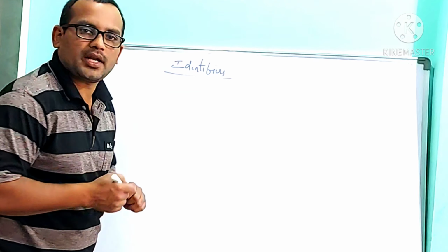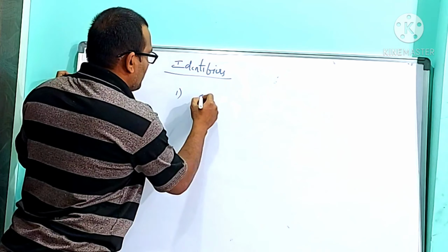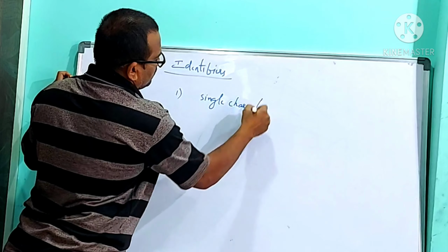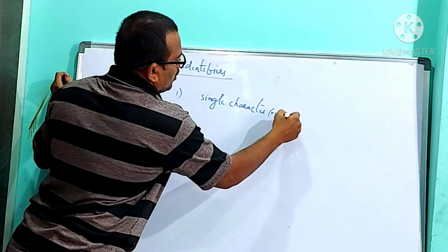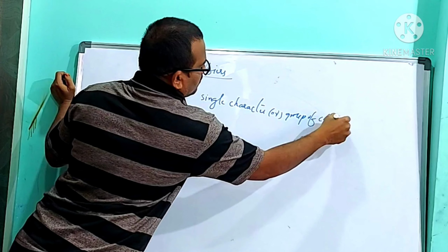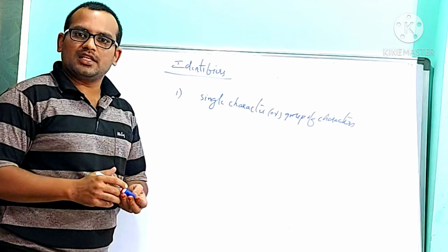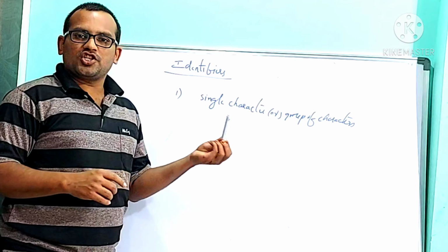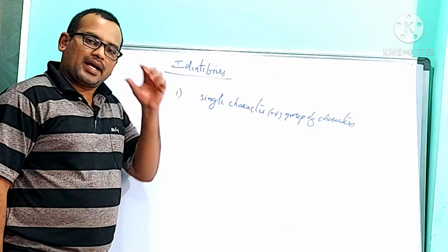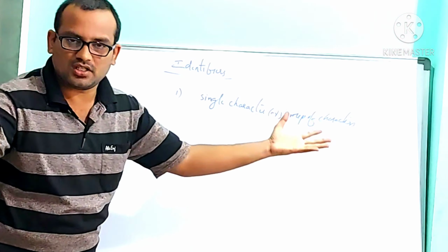Yes, what is the first condition? An identifier may contain either a single character or a group of characters. An identifier name means it may be variable name, string name, structure name, union name.